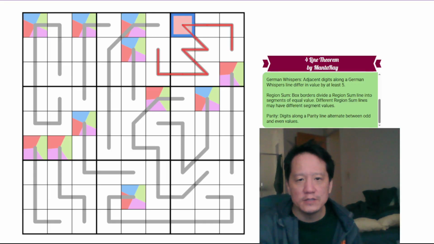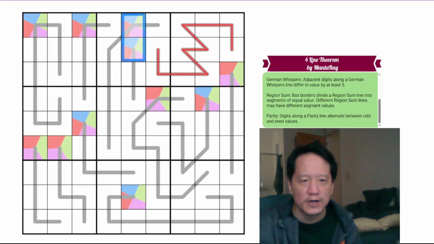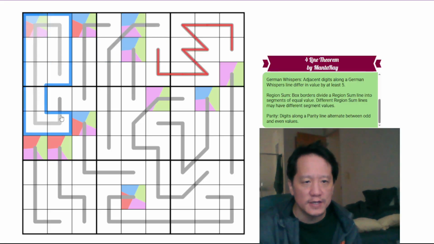So this is a parity line, which means none of the lines that share an edge with it orthogonally are parity lines. 1, 2, 3, 4, 5, 6, 7, 8, 9, 10.